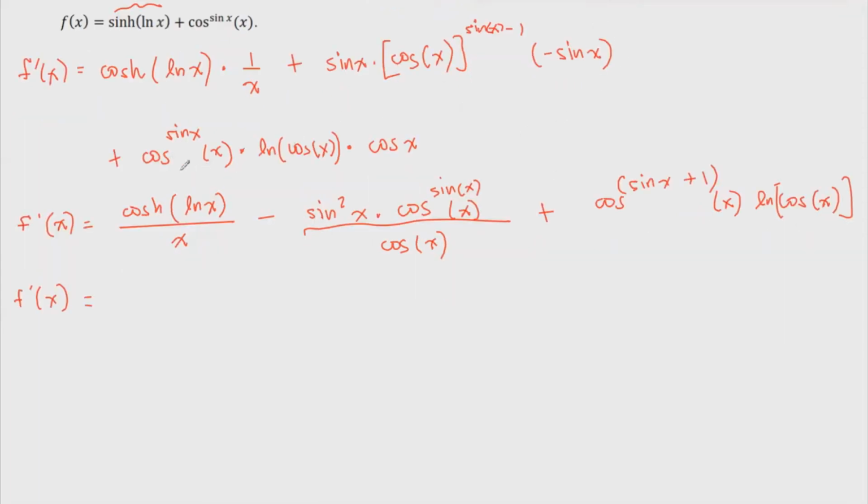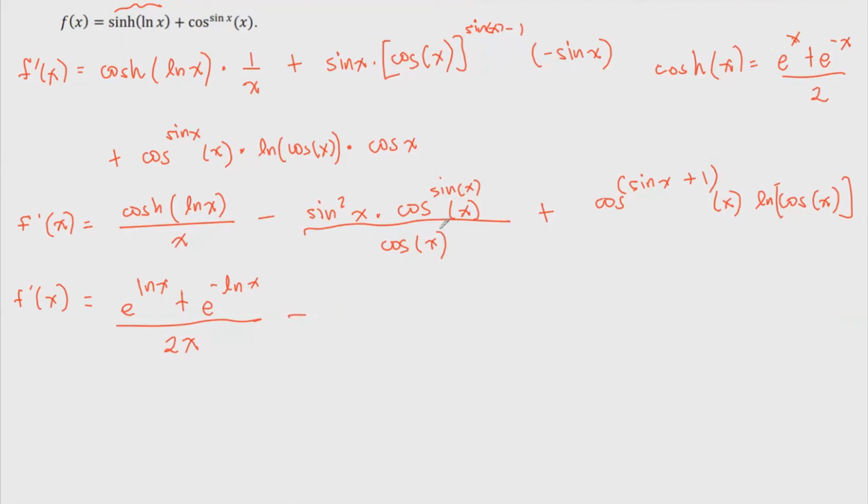Now if we try to give the expression for this one, we know very well that hyperbolic cosine of x is actually equal to e raised to x plus e raised to negative x, all over 2. So if you do that here, e raised to ln of x plus e raised to negative ln of x, and then divided by 2. But of course we have x here, so we just need to copy that, and then minus.